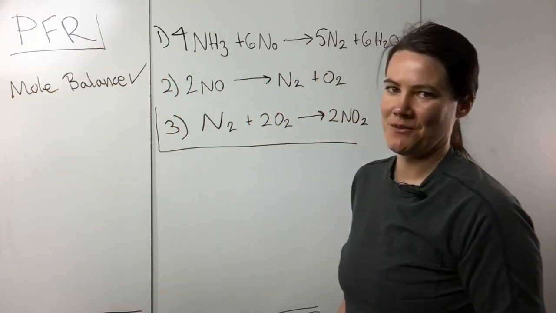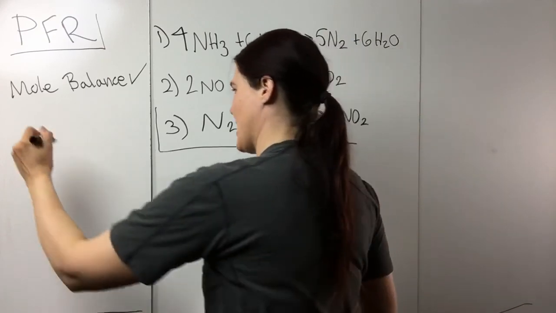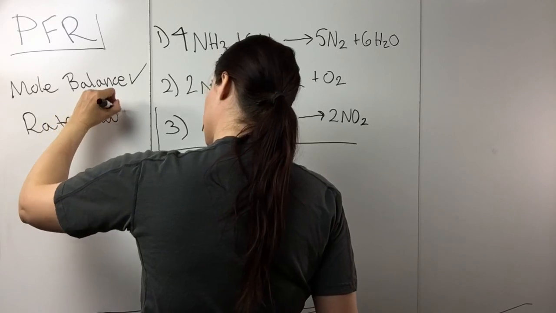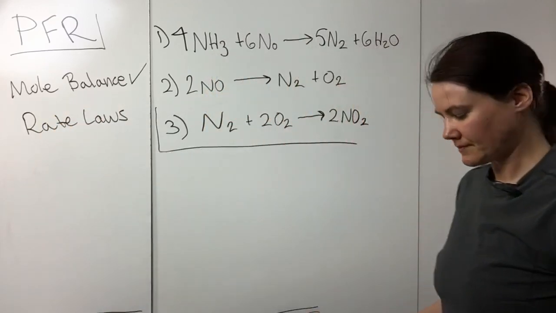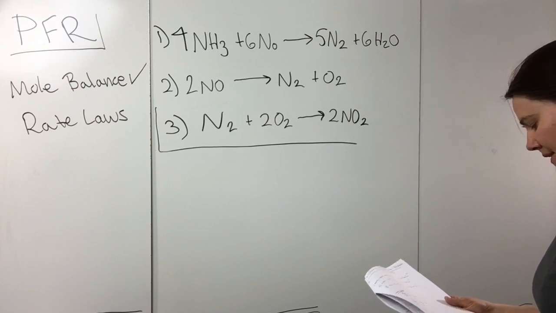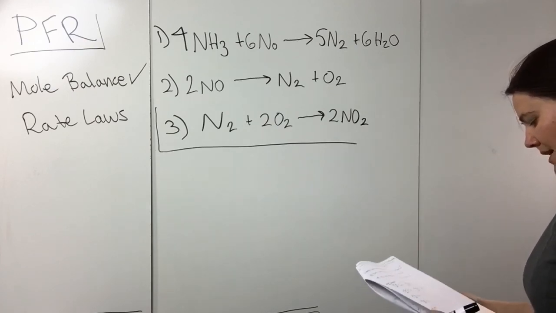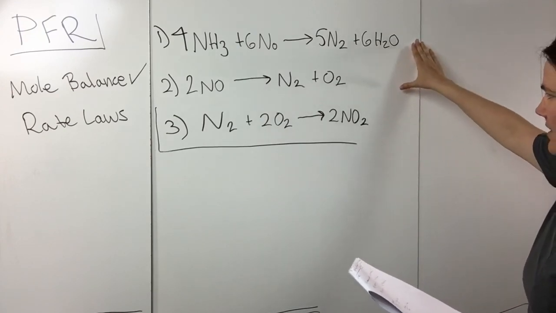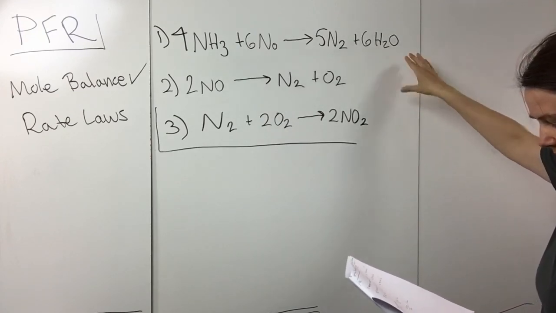Okay, so we've done the mole balance. Check that off. Next we want to write rate laws. If you remember, we were already given the rate law for one of the reactants in each of these.